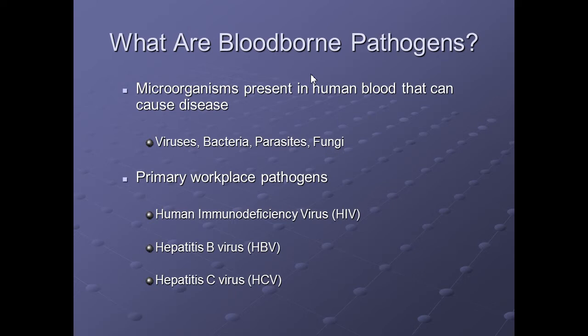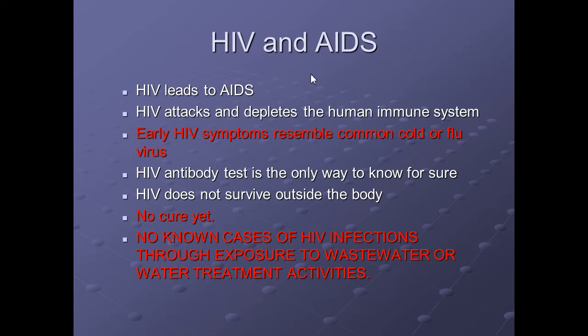So primary workplace pathogens are the human HIV, the hepatitis B, and the hepatitis C. Hepatitis B and C are the ones that you may see more in wastewater because you're handling raw sewage. But AIDS and HIV is not common in wastewater, and there are no known cases of HIV infection through wastewater exposure or in water treatment exposure. So that's a big one to remember.